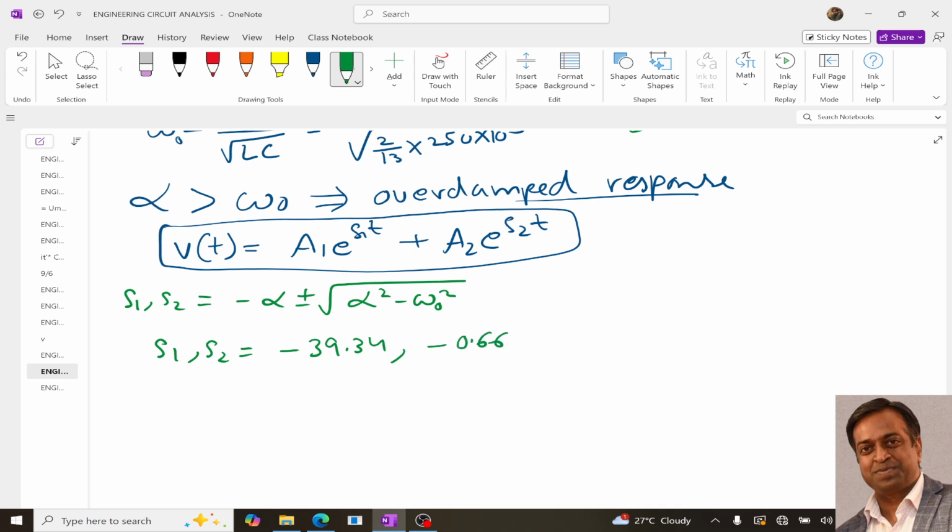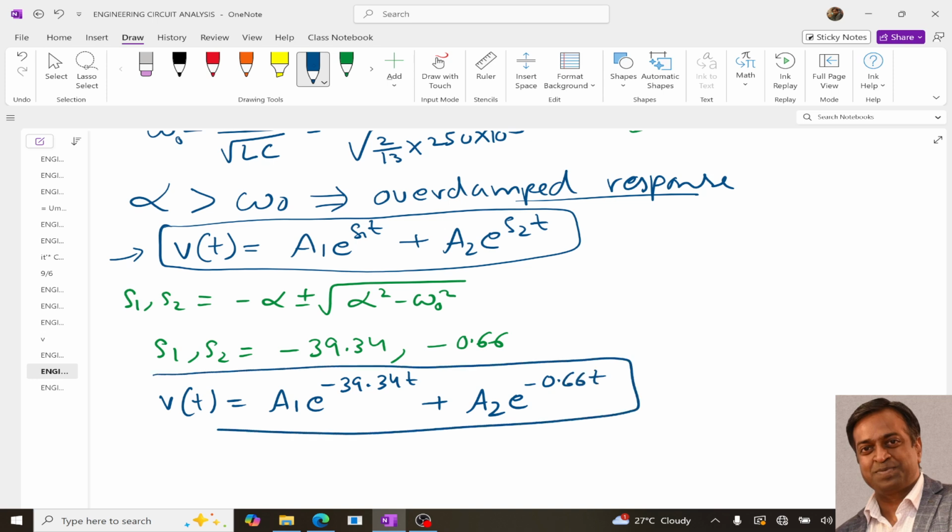Substituting these values in this equation, we get Vt equals A1 e power minus 39.34t plus A2 e power minus 0.66t, right? Now over here we need to determine the constants A1 and A2.